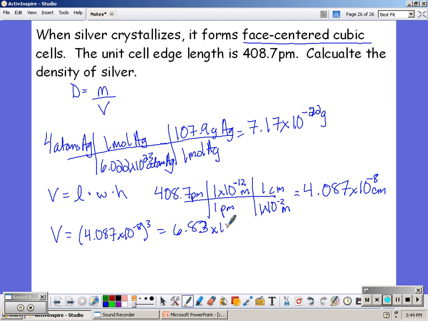Now that I have my volume and my mass, I can find my density, because density is mass over volume. And I would have a density of 10.5 grams per centimeter cubed.